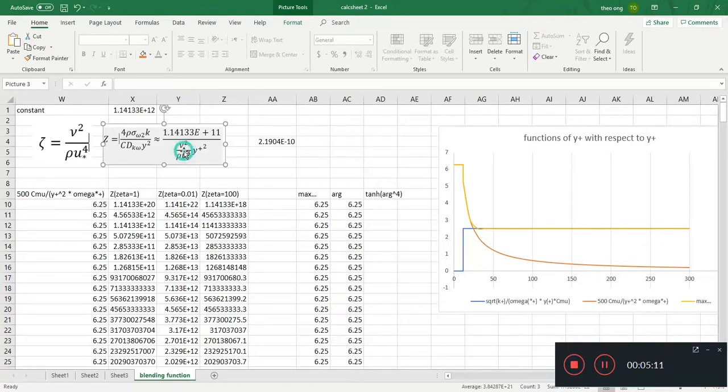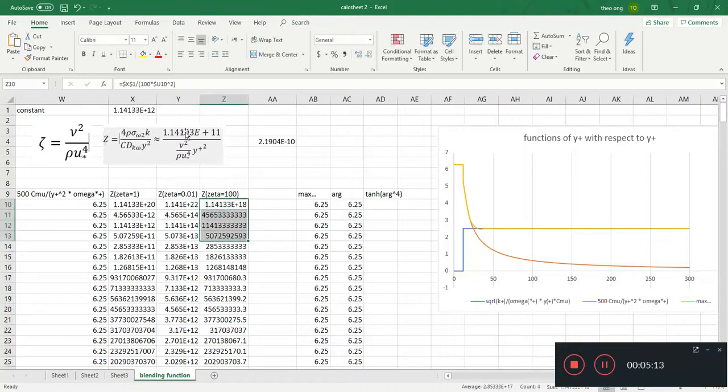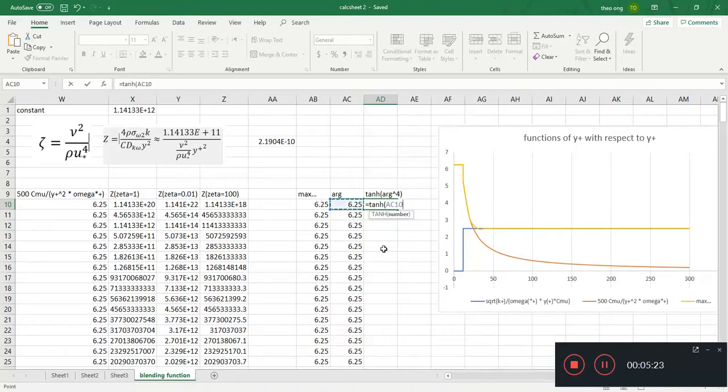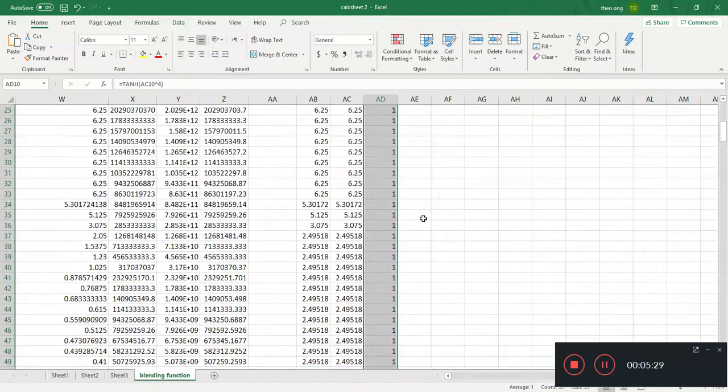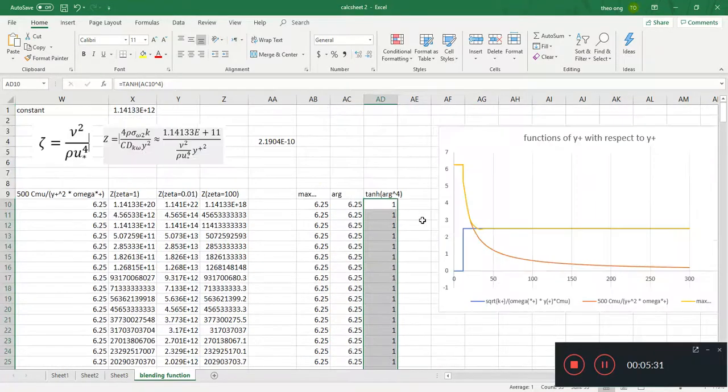That means if you increase this, this whole z term gets smaller in general. So, hyperbolic tangent of this argument to the fourth power. It is 1 near the walls. You can see this 1 near the walls.